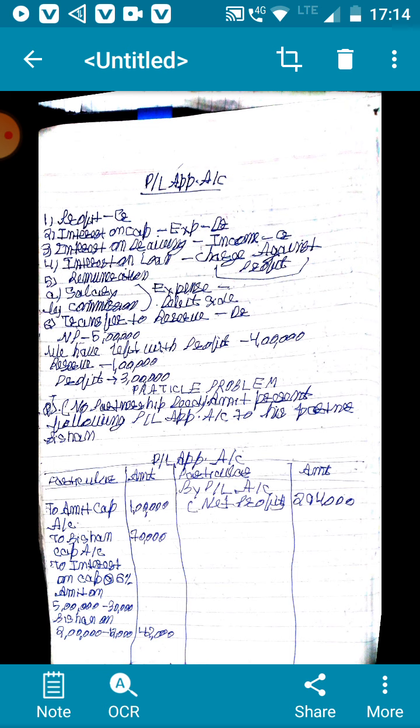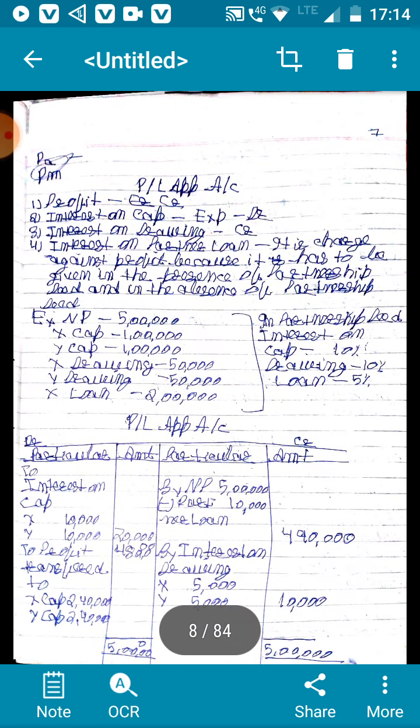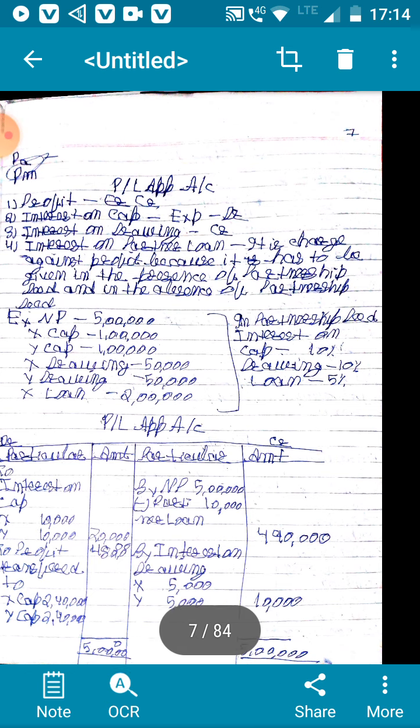Interest on the partner's loan is a charge against profit. It is credited. Interest on the partner's loan is subtracted from the net profit in the profit and loss account, as shown in this question.